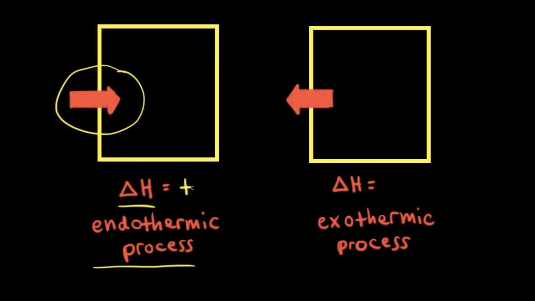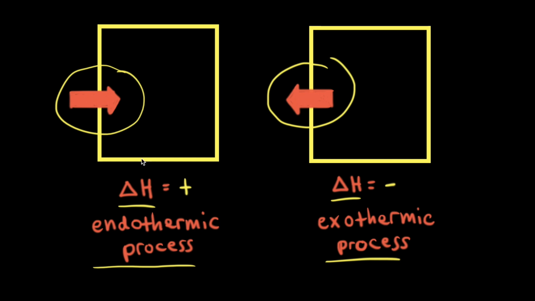An example could be melting an ice cube. If heat flows from the system to the surroundings, the system has released heat to the surroundings, and the change in enthalpy delta H is negative, and we call this an exothermic process. And we already saw an example of that. The combustion of propane is an exothermic reaction.